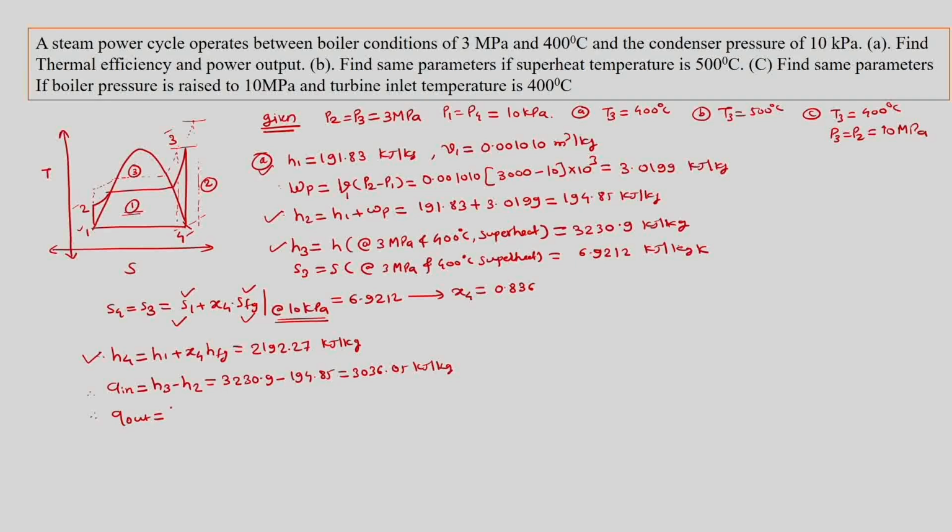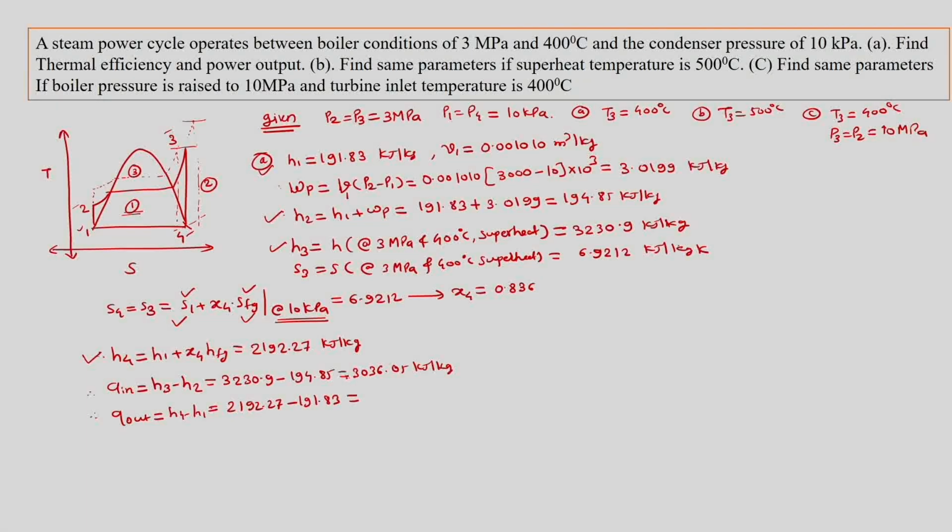Q out is equal to H4 minus H1. H4 is 2192.27 minus H1, which is 191.83.